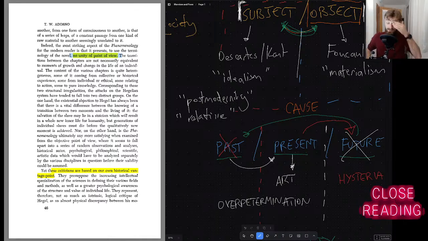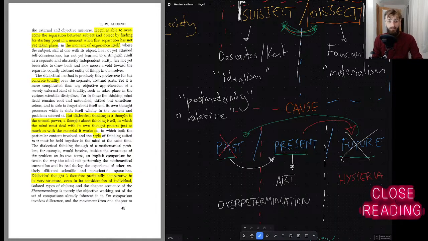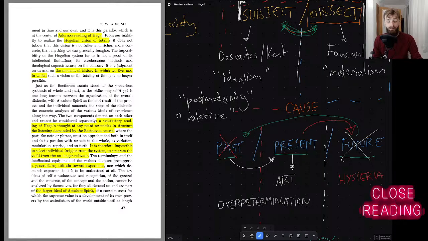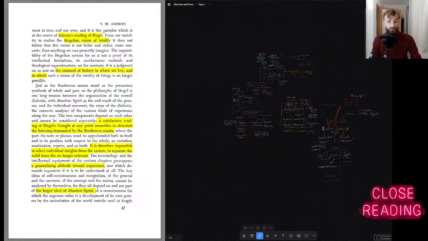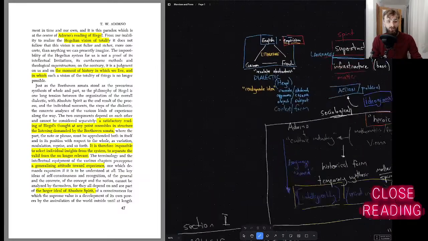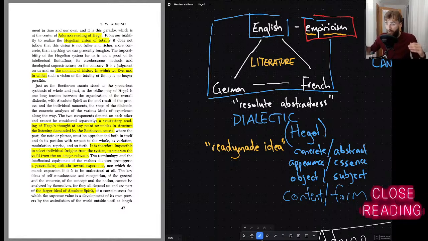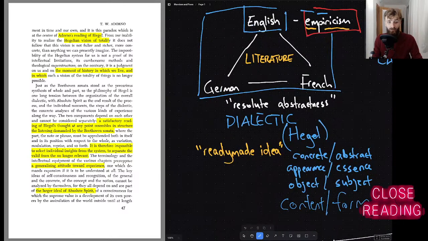complex, as Jameson marked at the beginning of this section, which is the reason that, if we recall, in this triangle of the English, the German, and the French, the German and French philosophical traditions have failed to make their way into the Anglo-American tradition, which is the exact tendency that Jameson is trying to work against, is because they have this resolute abstractness.